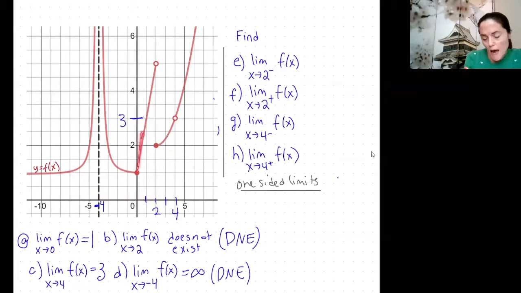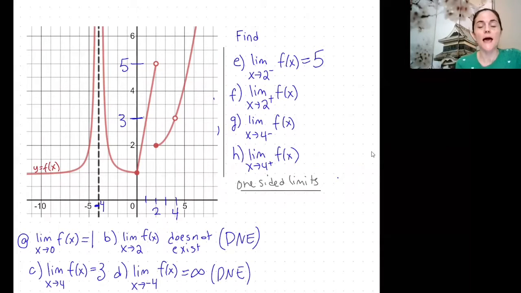So we just track the y value on this side. And you see this limit, the limit from the left, does exist because we are approaching this y value, which I can write here. This is 5, okay? So the limit from the left is 5.